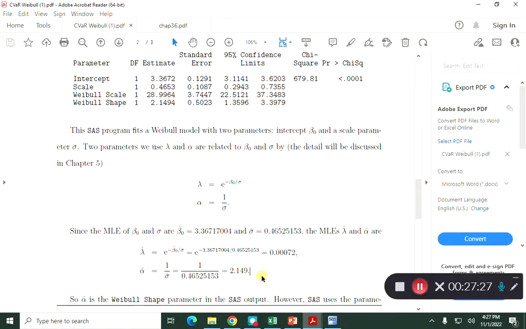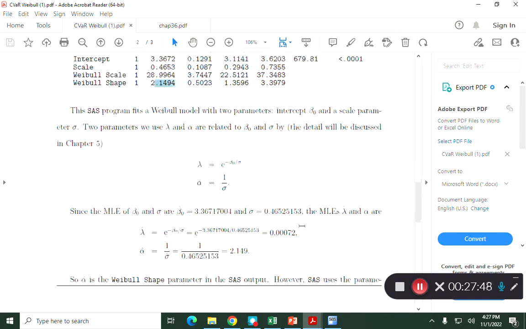So in this case, the hazard increases over time, with shape 2.149. And how you figure that out: 2.149 is the shape parameter, equal to 1 over the scale parameter. Okay? So far, so good?